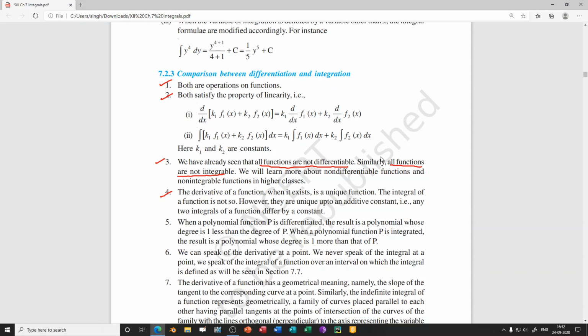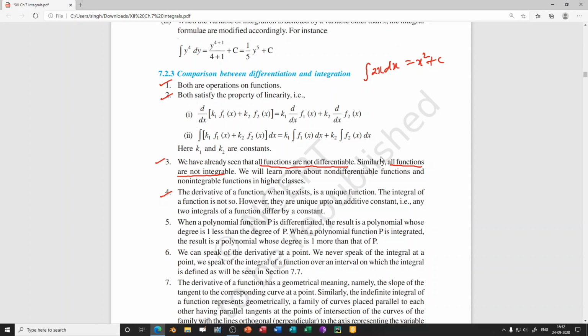Fourth one, the derivative of a function when it exists is a unique function. The integral of a function is not so, because you may have already seen that. Initially, what example we have taken: integration of 2x dx, and the answer was x square plus c. So this is not a unique function, because if we take x square plus 3, we will get another function. If you take x square plus 5, that function will be a different one, though they are all in the same family of curves.